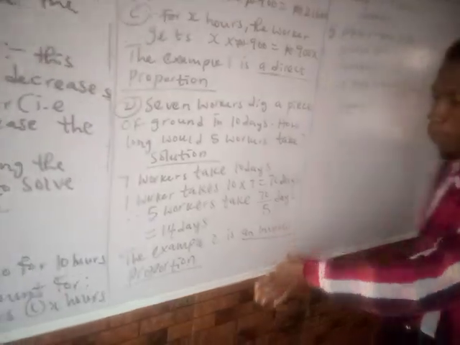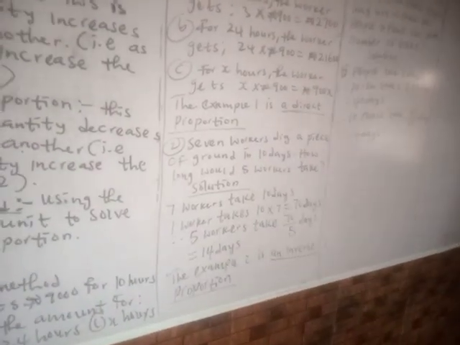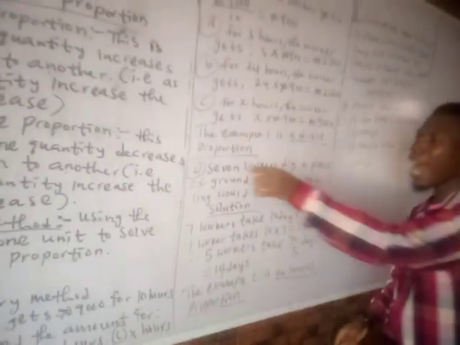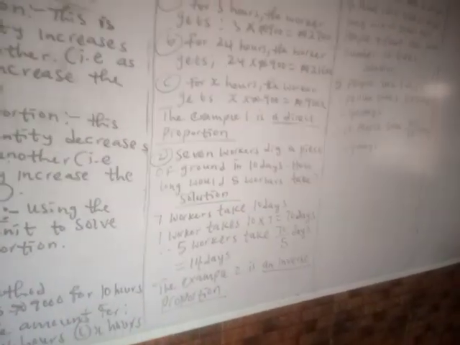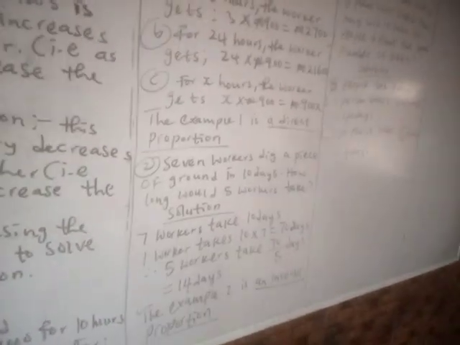Now, this is an example of which type of proportion? Yes? It's an example of inverse proportion. Clap for her. Example of inverse proportion. And what is the observation here? As the number of workers is reduced, what happens?